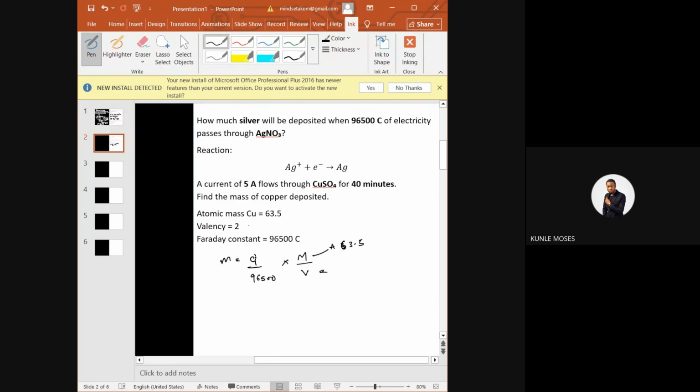Now, the Q, the charge. Okay, they did not give us the charge. So this is what I was saying. Very fast. Let's see if you are correct. You got 3.95 grams. So a current of 5 flows through copper sulfate for 40 minutes.